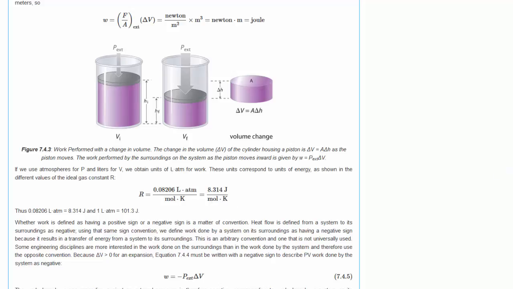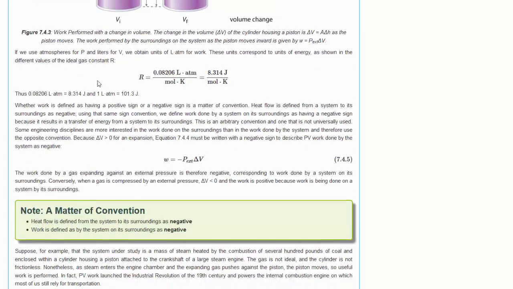Now, signs are very important for work. Whether work is defined as having a positive sign or a negative sign is a matter of convention. That is, we've all agreed this is the way it's going to be.